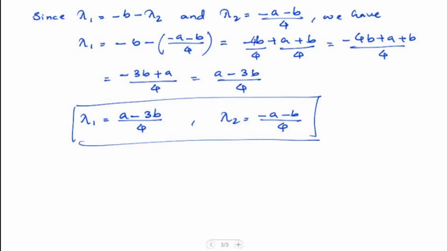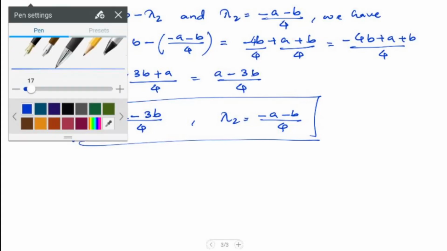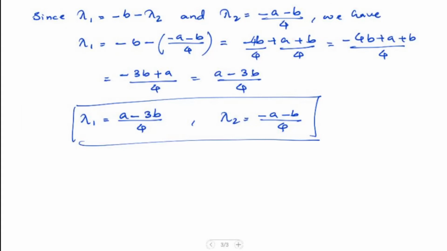Now we have to check whether the lambda 1 and lambda 2 indeed satisfy the equation here. So the equation that we wrote at the beginning, that was lambda 1 times 1 minus 1 plus lambda 2 times minus 3 minus 1 is equal to a b. So let's put the values of lambda 1 and lambda 2 in this and check whether we actually get a and b or not.